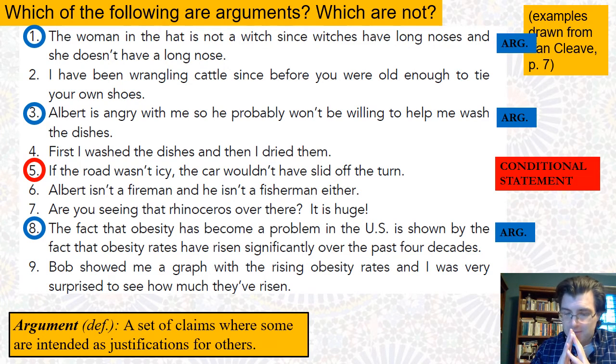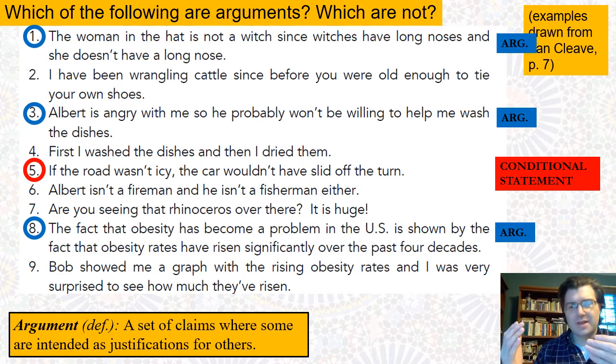Conditional meaning the second part of the claim is conditional on the first part of the claim. Okay, and it's a single claim. It's an if-then statement. Conditional statements can be expressed as if-then statements, and in this case, it is expressed as an if-then statement. The then is left out. It's not explicitly stated, but it's implied.